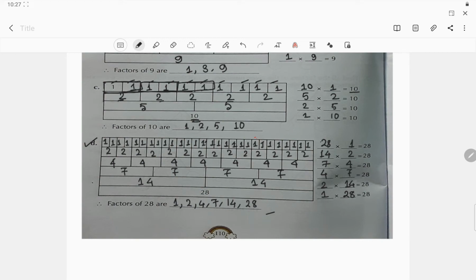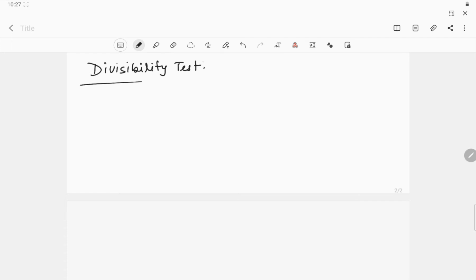Okay, so this is all about 7.2. Now, divisibility test. Divisibility test. When would you say a number is exactly divisible?